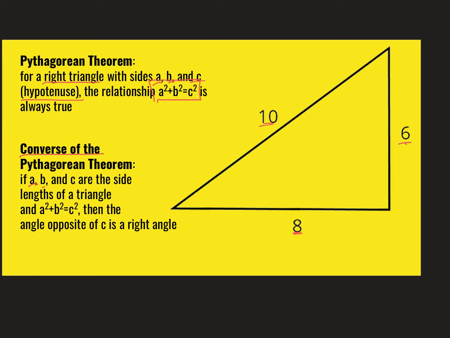If a, b, and c are the sides of a triangle and a squared plus b squared equals c squared, then the angle that is opposite of the right angle, which is called the hypotenuse, will always be equal to the side length squared. Okay, so in this case, I've given you 3 side lengths.